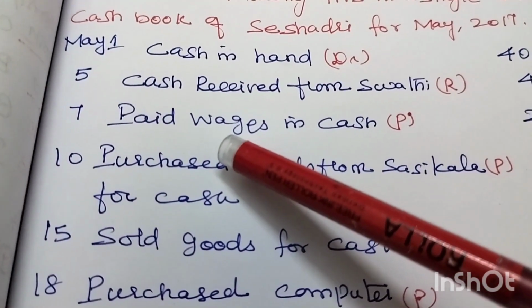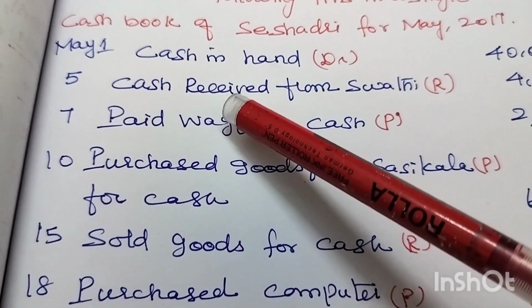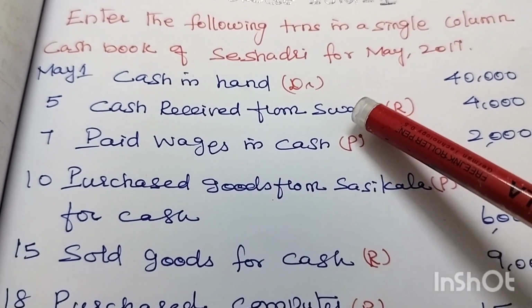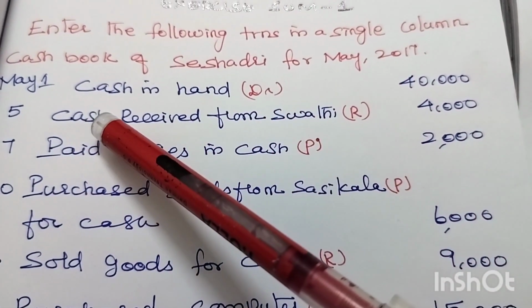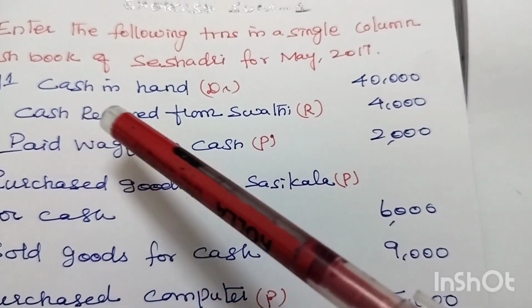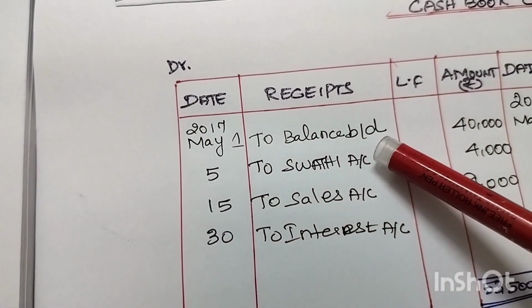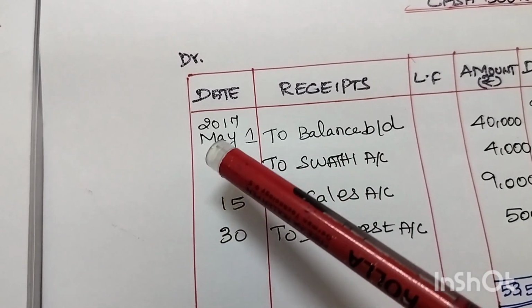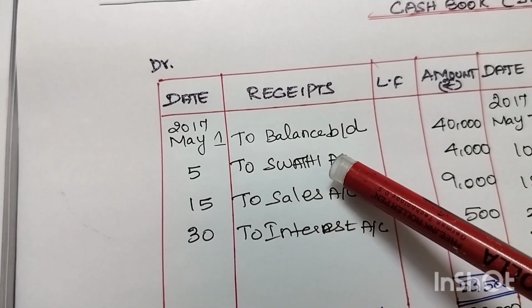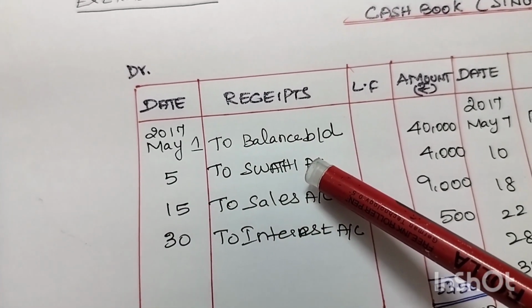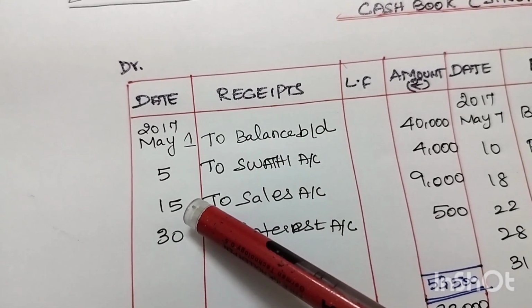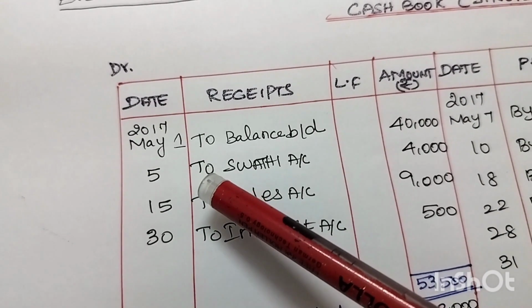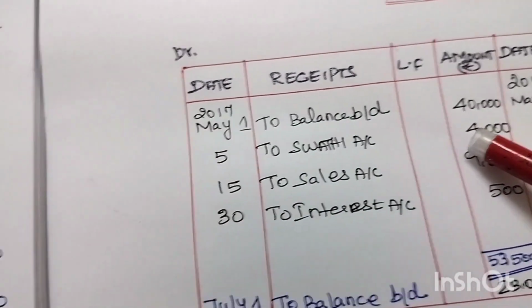So cash received from Swati, the journal entry is cash account debit to Swati account. The cash account is on the debit side, so you go to the debit side, which means the receipt side, dated May 5. What is the opposite account from the cash account? Swati account. You always start with the word 'to' on the debit side. So, to Swati account 4,000 rupees.